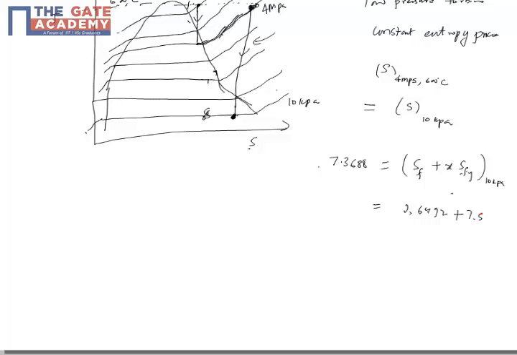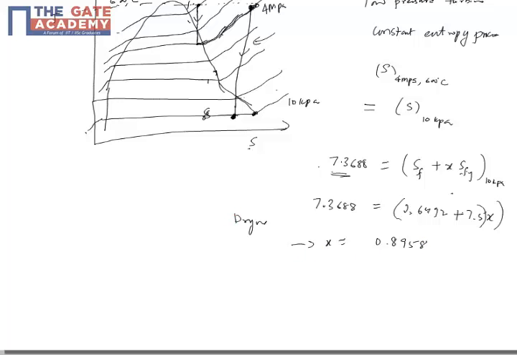Remember that because 7.3688 is less than 7.5, the entropy of saturated vapor, there has to be some liquid content. So 7.3688 is equal to 0.6492 plus x into 7.5. From this equation we get x as 0.8958. This is the dryness fraction.